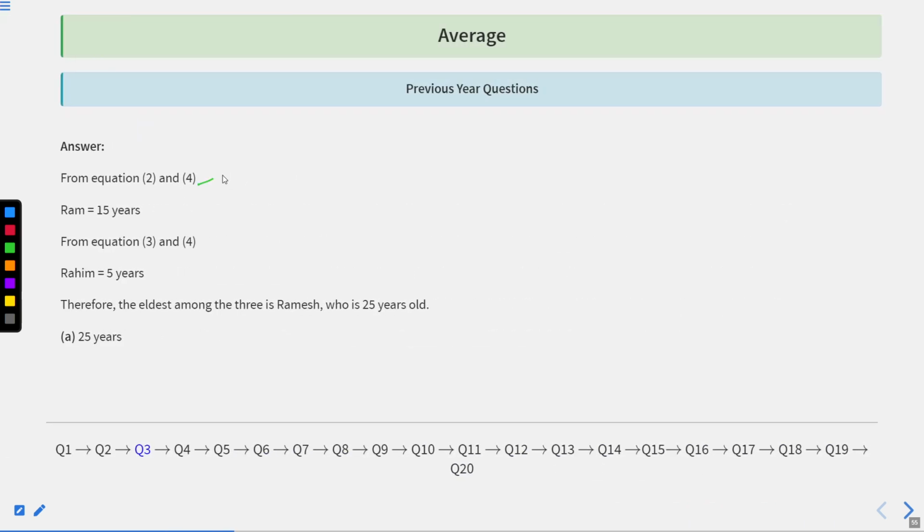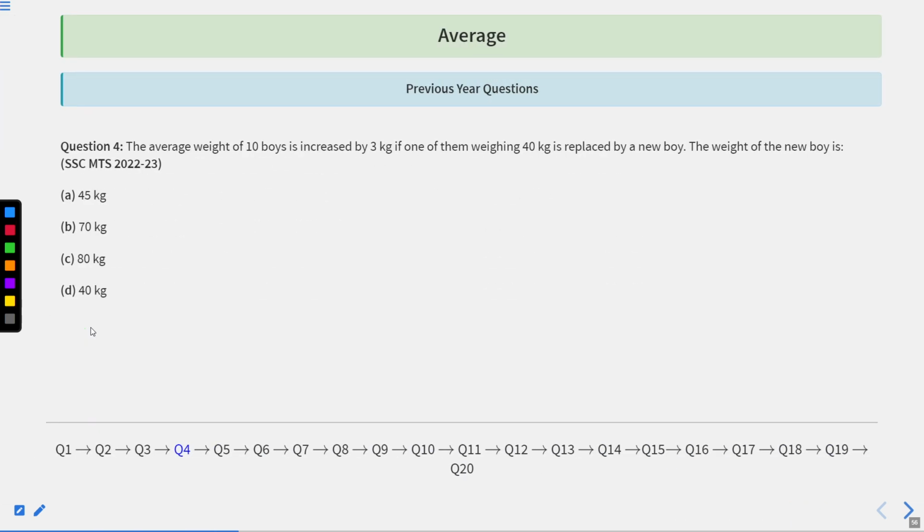From equations 2 and 4, Ram equals 15 years. And from equations 3 and 4, Rahim equals 5 years. So it's now very easy to see that Ramesh is the eldest among the three, who is 25 years old. So the correct option here will be option A, that is 25 years.